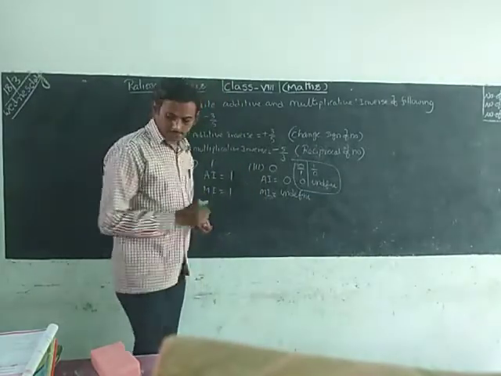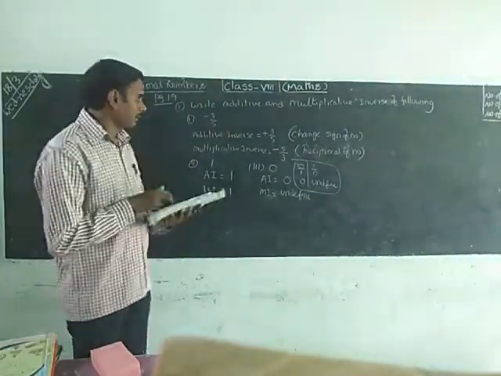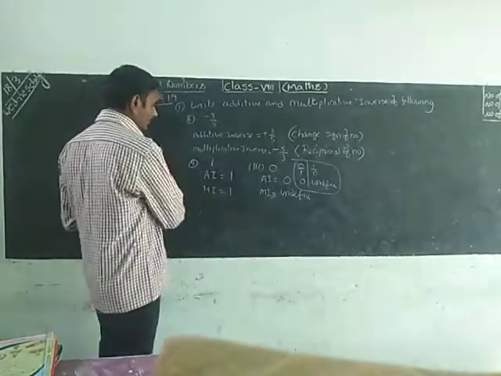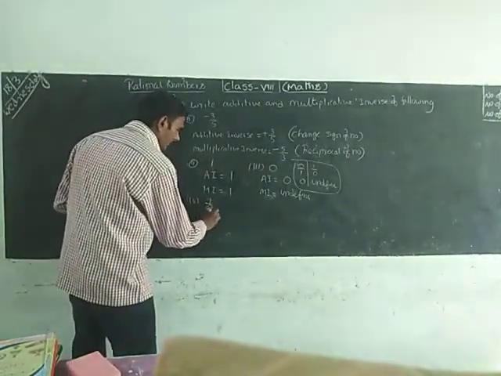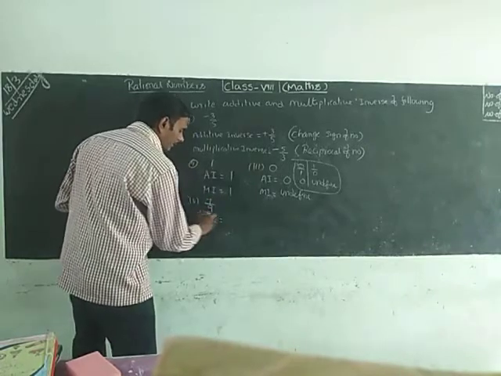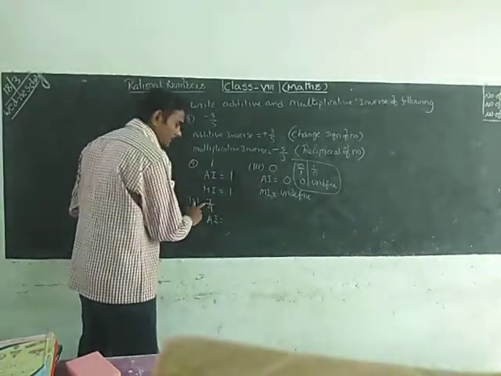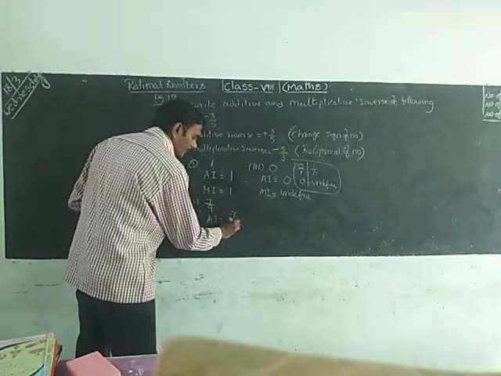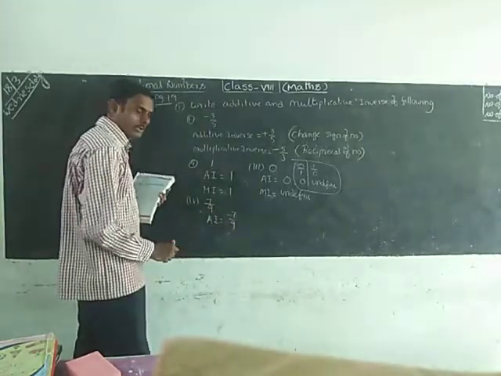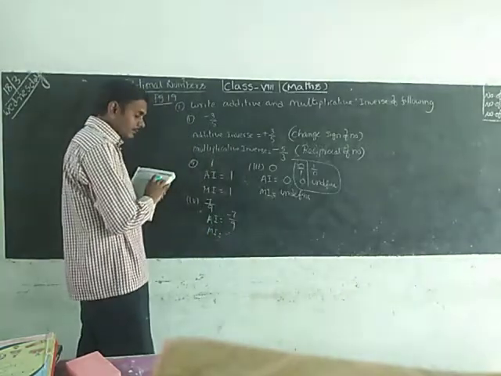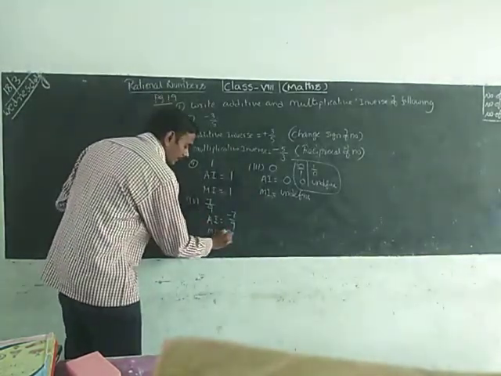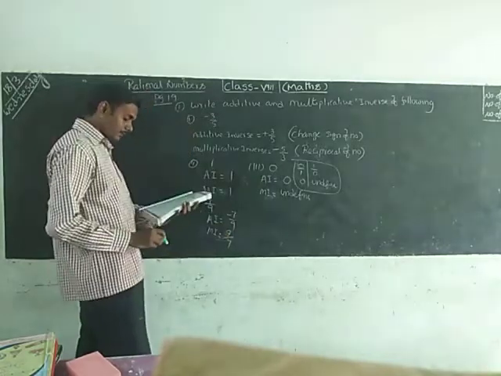Next, 7 by 9. The additive inverse of 7 by 9 is minus 7 by 9. Multiplicative inverse means the reciprocal of that number, so the reciprocal is 9 by 7.